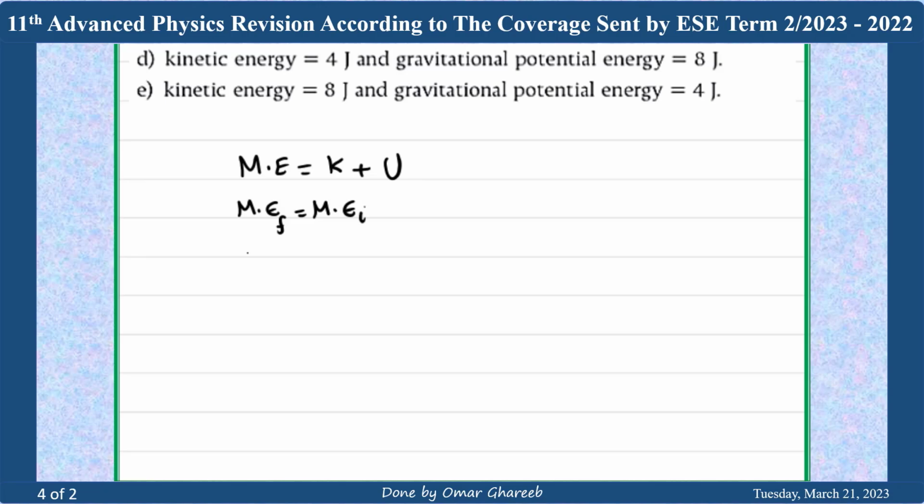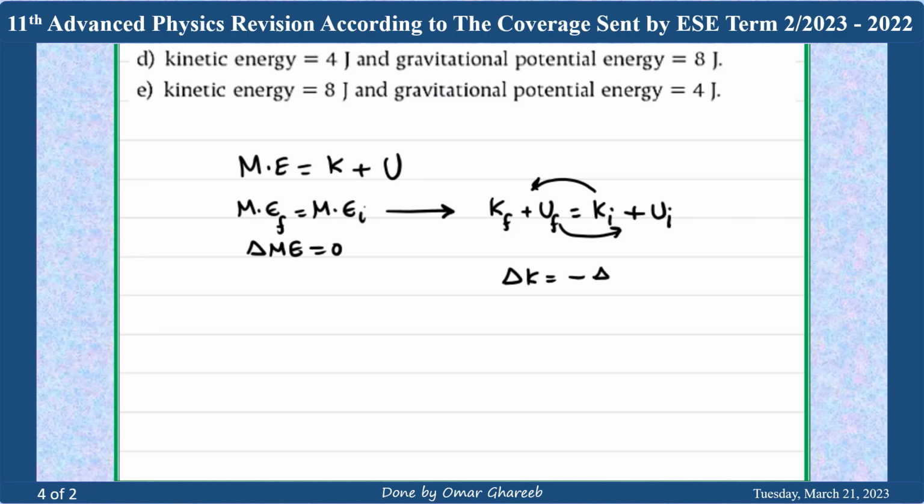Or we can put it like this: delta mechanical energy equals 0. Or: kinetic energy final plus potential energy final equals the initial kinetic energy and the initial potential energy. If we shift k and u, we get delta k equals minus delta u. All of these expressions are conservation of mechanical energy.